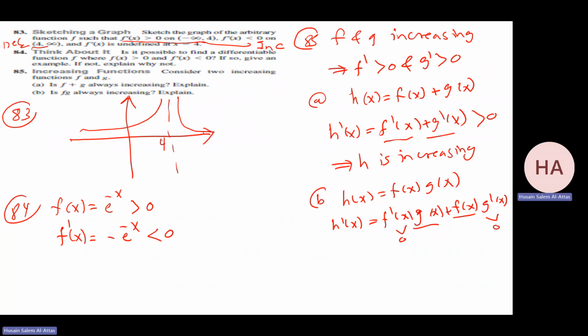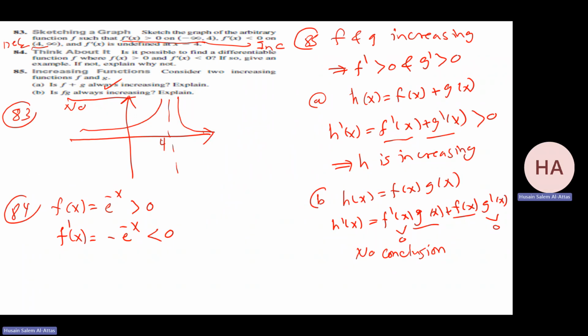In this case, we say no conclusion. All the possibilities are there. So is it always increasing? No. Is it always decreasing? No. They mean no conclusion. I cannot decide. It's not always increasing, it's not always decreasing. All the things happen. Maybe it's not increasing or decreasing at all. Okay.